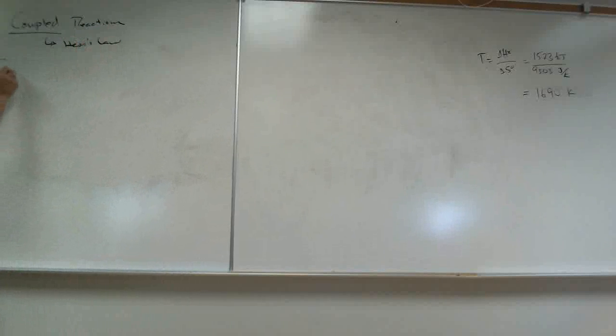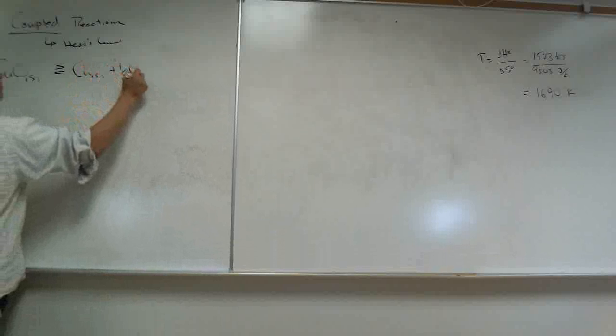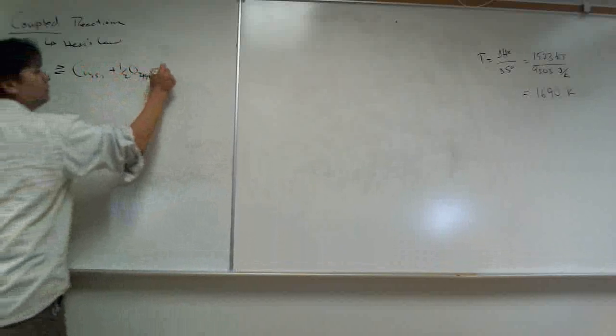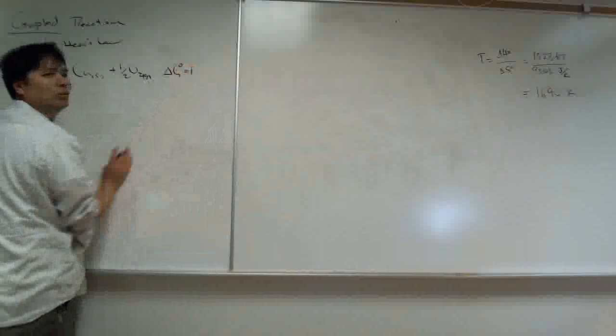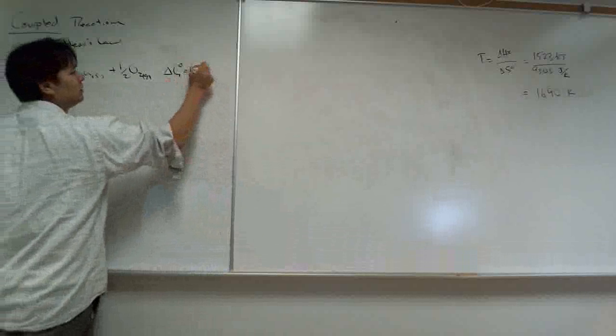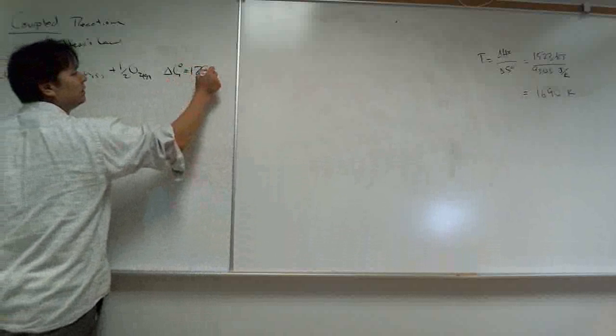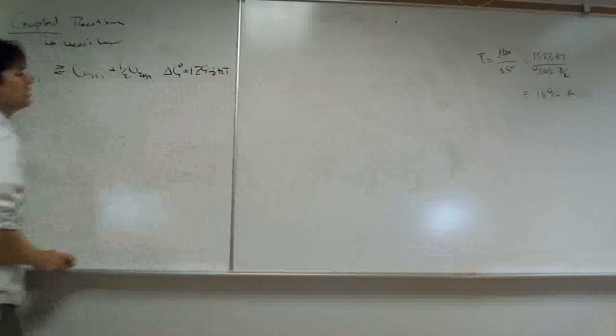If we have this reaction, which is highly unfavorable, with a delta G, what was the delta G again? Was it 129? Yeah, 129.7 kilojoules. That's highly unfavorable.